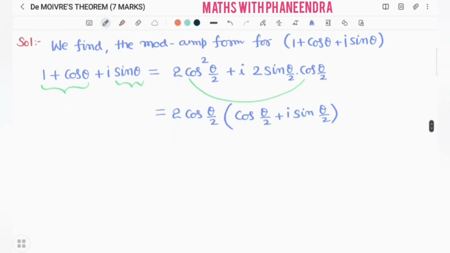So this is about 1 plus cos theta plus i sin theta.